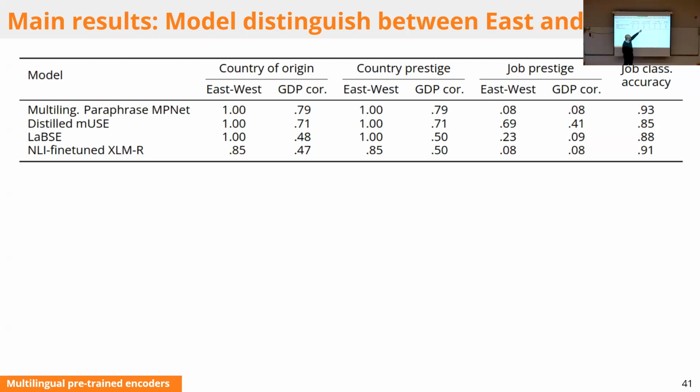So some models, when you mention a country, the representation highly correlates with the gross domestic product of the country. And when you take the job prestige dimension and apply it for the distilled model, then it highly correlates also with being from Eastern or Western Europe, and therefore also with the GDP of the countries.